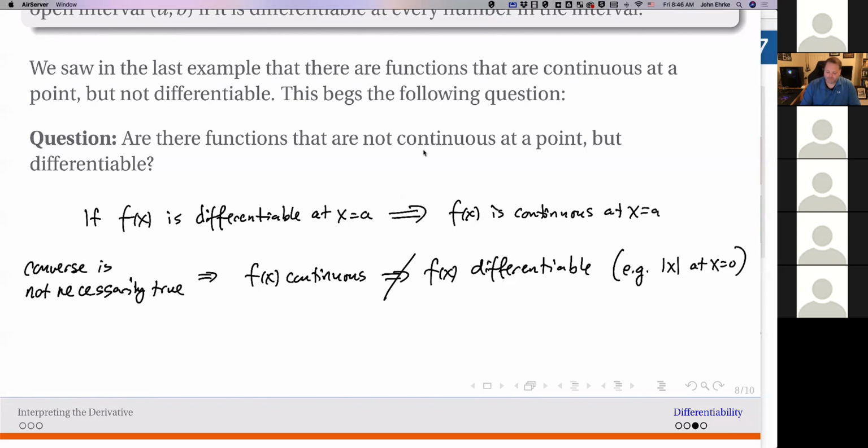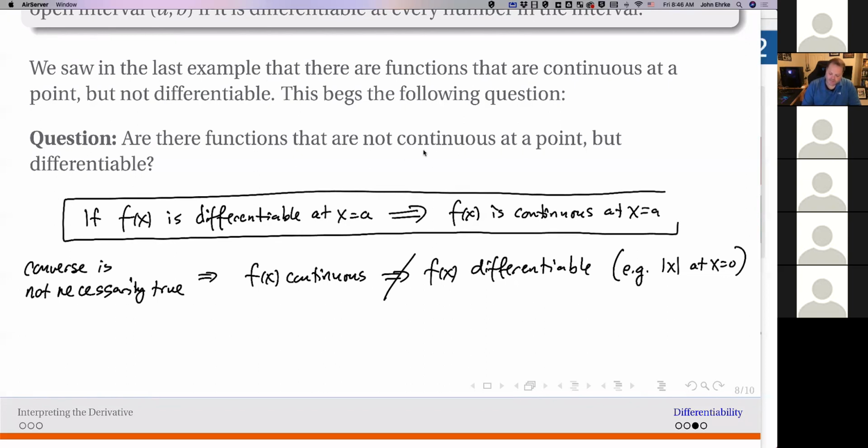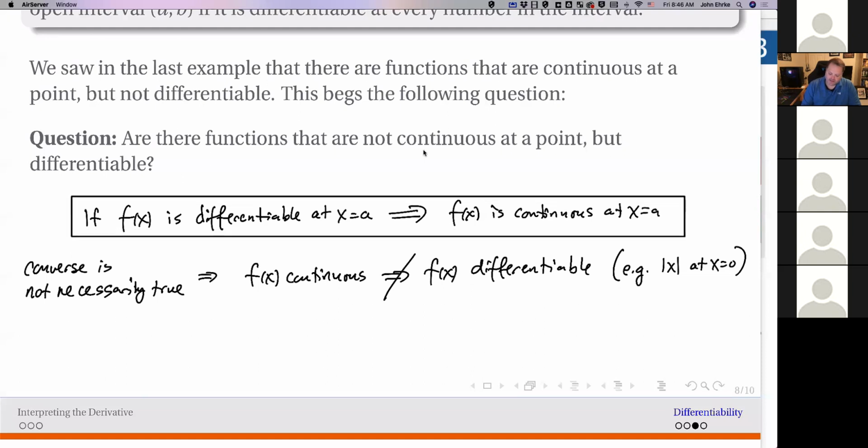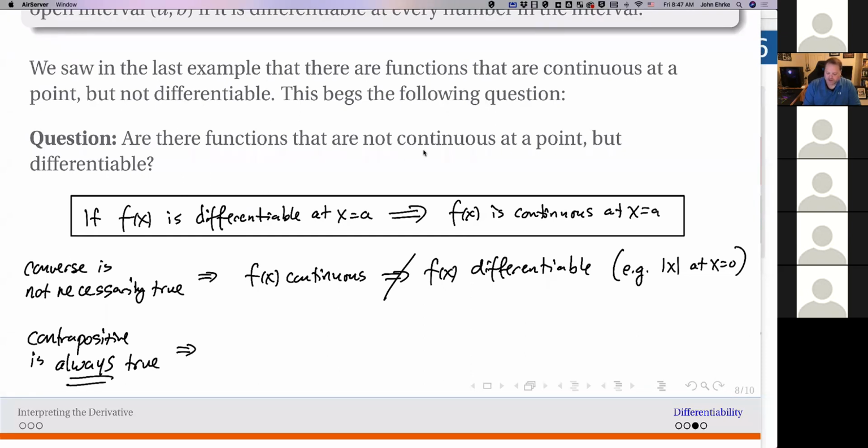Okay? Now, a better way to think of this statement mathematically is what we call the contrapositive. The contrapositive is always true. What is the contrapositive statement? A contrapositive is where you reverse it and you negate it. So take this if-then statement, reverse it and negate it.